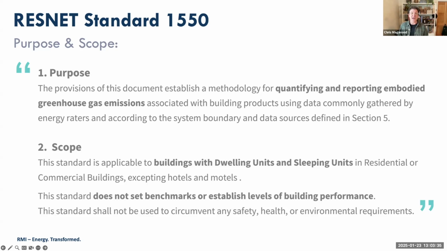Now that number will change with 1550, because currently that number doesn't include MEP, it doesn't include paint. So the baseline number is going to go up. But if you were to model something in Beam today, coming in at 150 or less, you could pat yourself on the back for that.